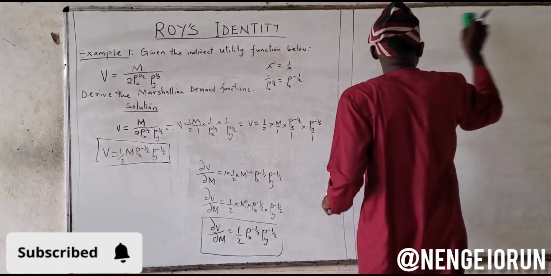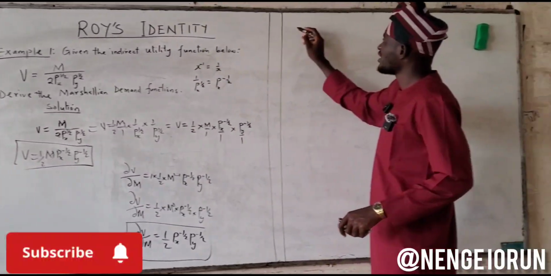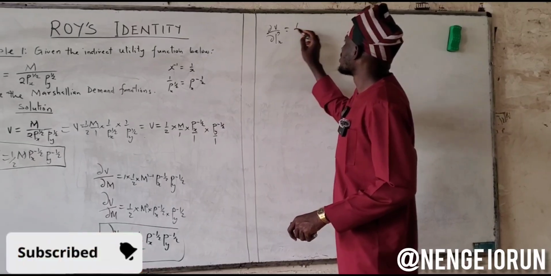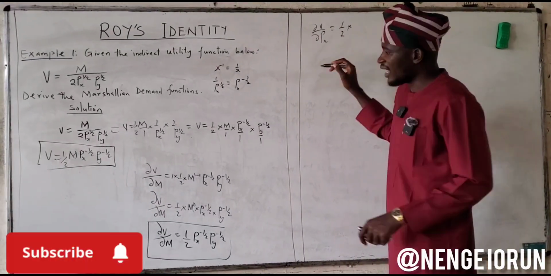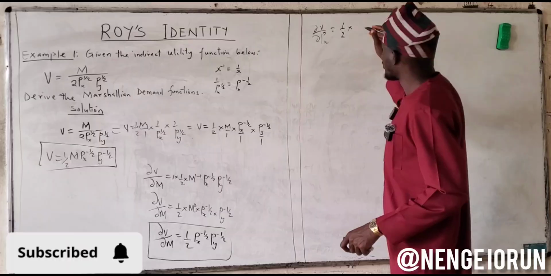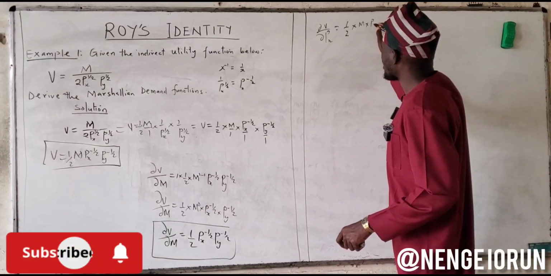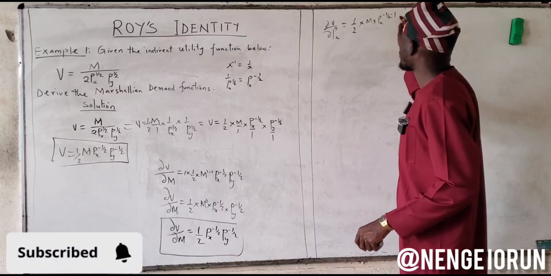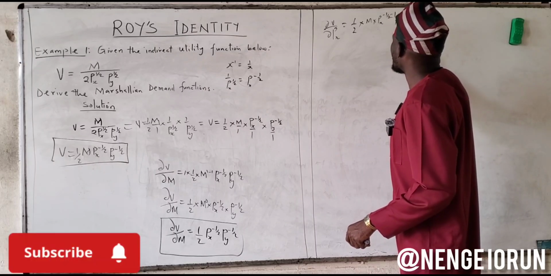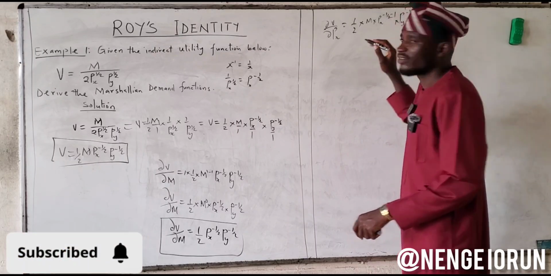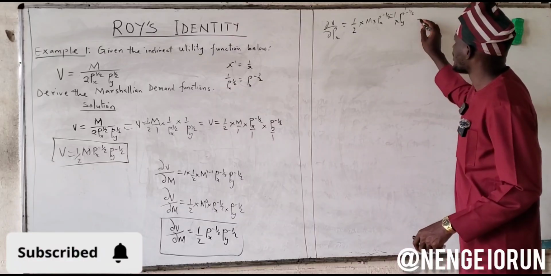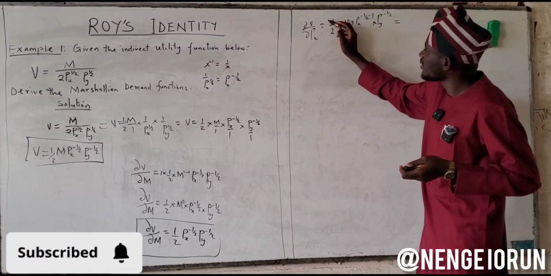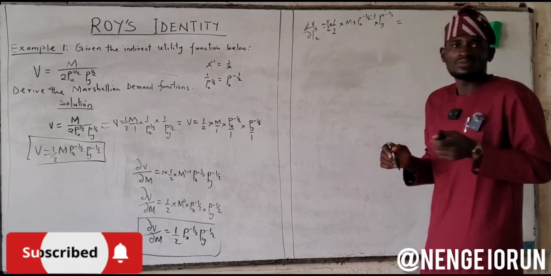The same thing applies to the partial derivative of V with respect to Px, which is equal to 1 over 2 times 1 over 2 times M times Px raised to the power of negative half minus 1, then times Py raised to the power of negative half. Since we are taking a partial derivative, we are supposed to multiply by negative 1 over 2.